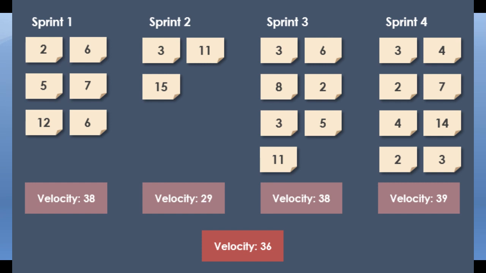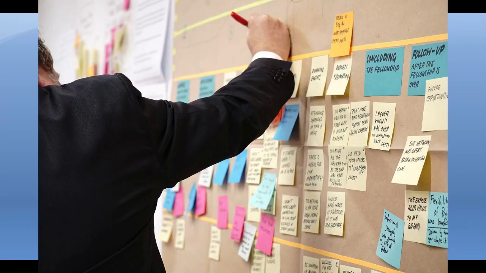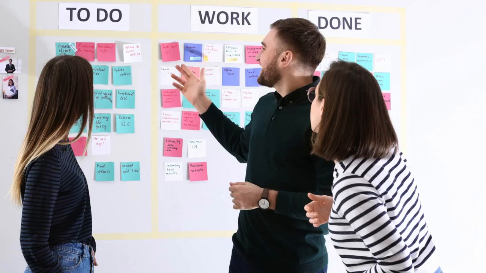Adaptability means story points are adaptable and can be adjusted based on the team's evolving understanding of the project and its complexity. So story points are a valuable tool in agile development for estimating and planning work. They provide a relative measure of effort, fostering collaboration within the team and allowing for more flexible and adaptive planning. The emphasis is on delivering value rather than adhering to strict time-based estimates.